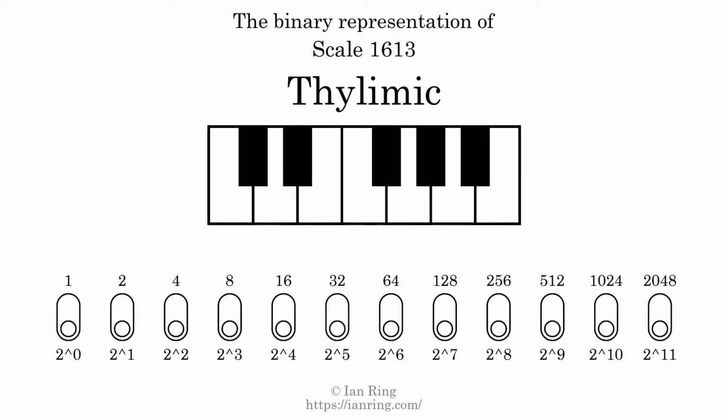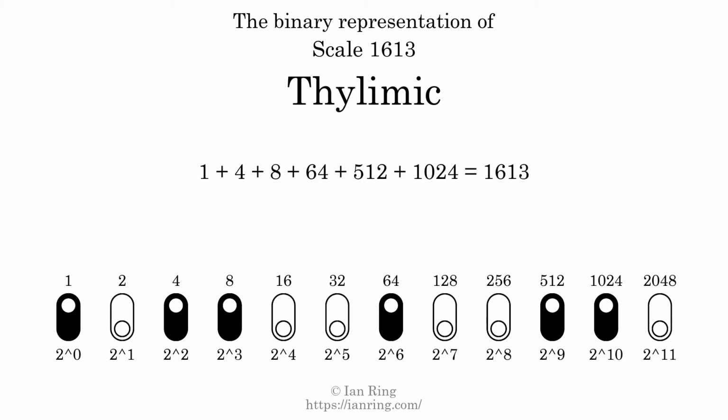The binary representation of this scale is determined by mapping tones of the scale to binary digits. Each binary digit represents a power of 2. To get the scale number, we add the powers of 2 together. The powers of 2 that are present in the scale, all added together, equals 1613.